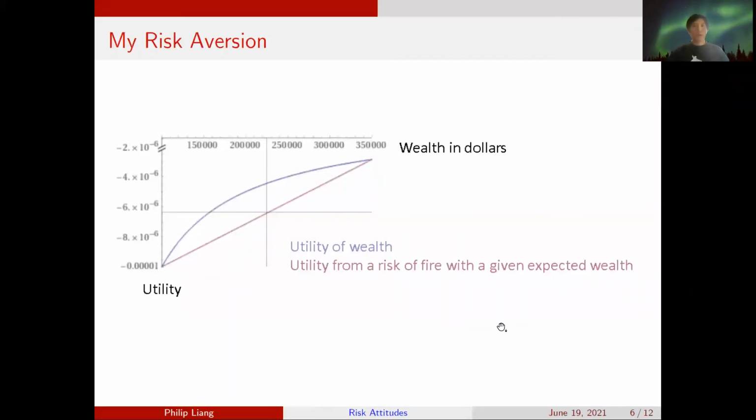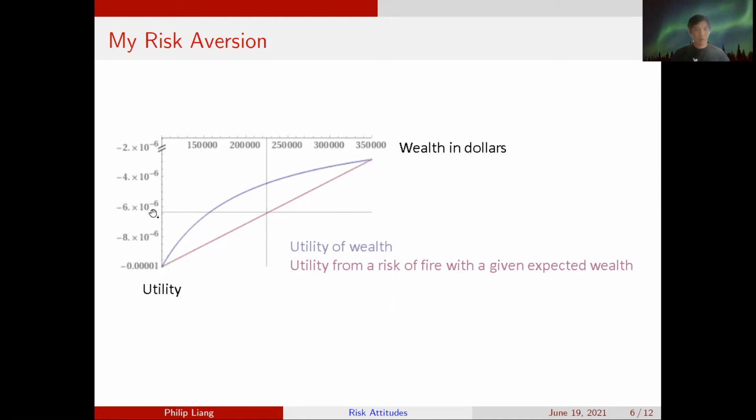Now we can use risk aversion here and analyze my utility function. So we can see that my utility function flattens out as my wealth increases. And we can also consider specific risks, such as a risk of fire. Let's say right here is a 50% risk of fire, and the expected value of that damage is 125,000, but it gives me utility all the way down here, right between being homeless and having all my wealth intact.